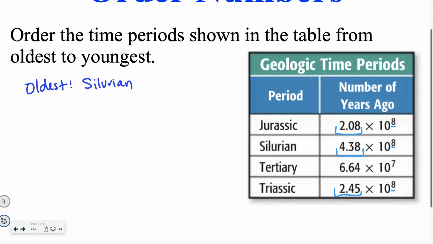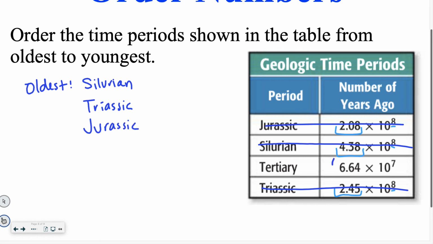Then, because that's 4.38, that's the biggest number there. And then I compare 2.08 and 2.45. 2.45 is the next biggest number, so I'm going to say Triassic. After Triassic, I have Jurassic. And then, if you look, the reason I left this one to the end is because it has an exponent that's less than 8, right?